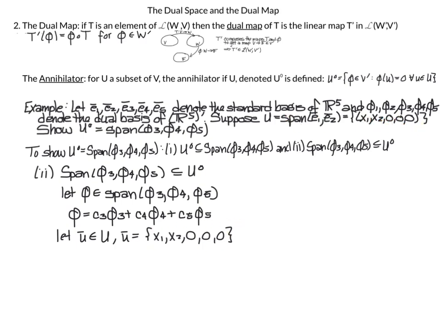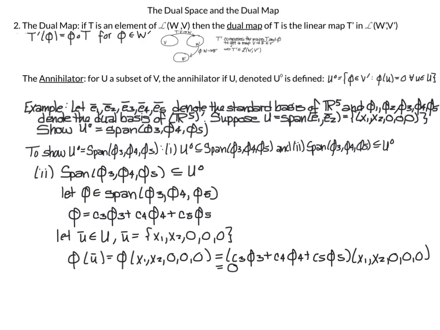If we take phi of u, that's phi of (x1, x2, 0, 0, 0), and our phi breaks down into c3 phi3 plus c4 phi4 plus c5 phi5 applied to (x1, x2, 0, 0, 0). But these are going to pick out the third, fourth, and fifth coordinates. Those are just zeros, which means our final answer is 0.